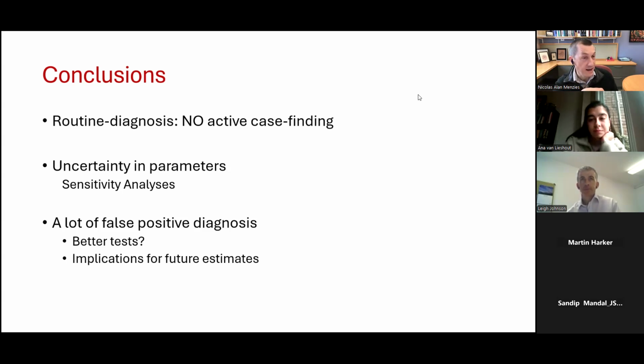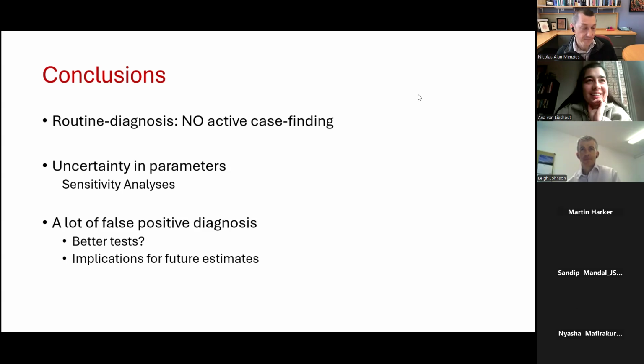For the active case finding, well, Anna, do you want to speak to the active case finding question? I think we can do a combination of the two of us, because for active case finding, one of the assumptions is the difference in the initial TB prevalence. We did consider quite a wide range of these values, and the analysis was quite robust in that respect.